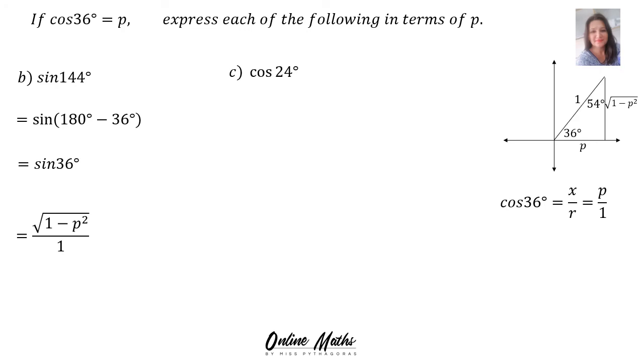Number C, cos 24. So now you think 24, where does 24 fit in? Because the angles I've got are 36 and 54. Now remember that other example we had. You can convert 24 into something that's familiar by saying cos (60 minus 36) is 24.